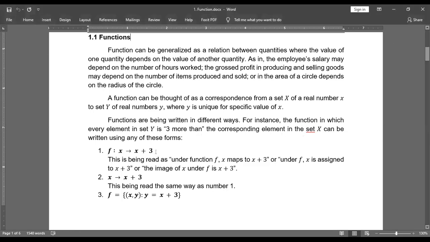So number one, the first form, is being read as under function f, x maps to x plus 3, or under f, x is assigned to x plus 3, or the image of x under f is x plus 3. So any way you read this form, okay lang.